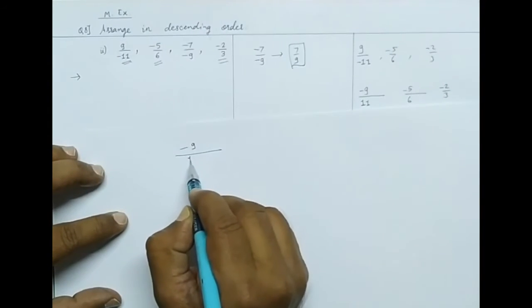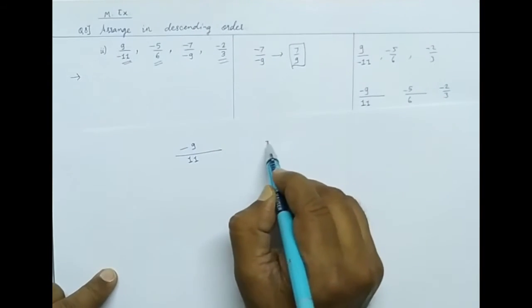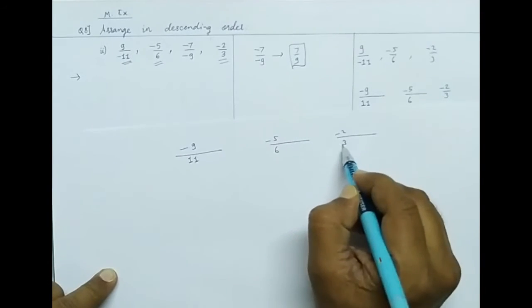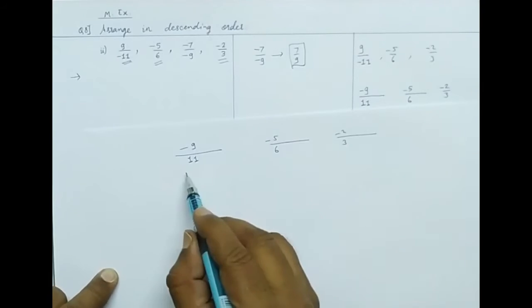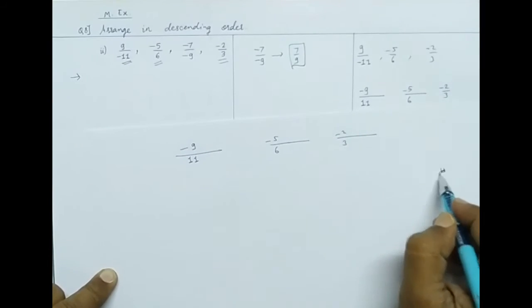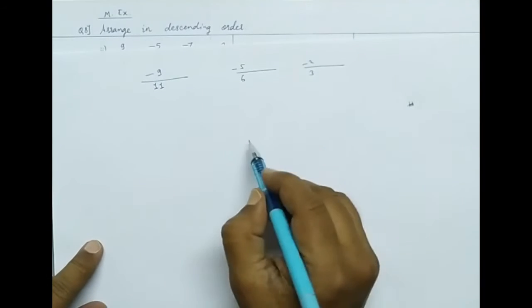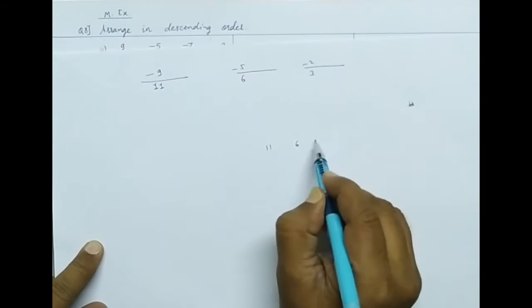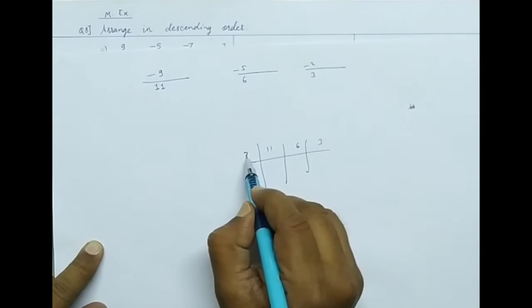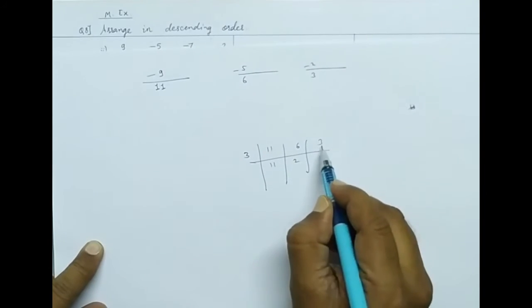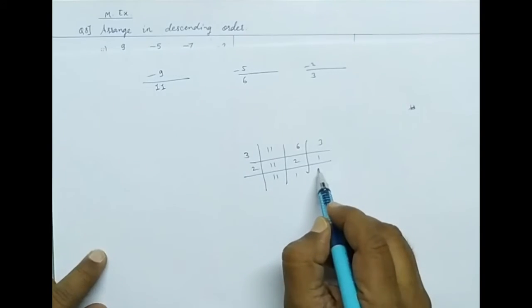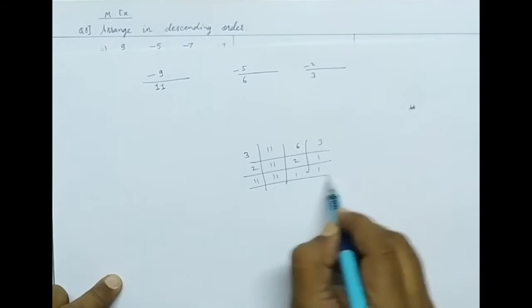Now the LCM of 11, 6 and 3 will come. 3 twos are 6, 3 ones are 3, 2 ones are 2, and 11 ones are 11.